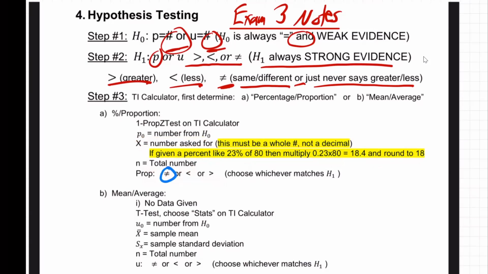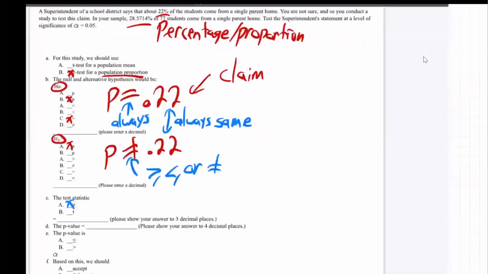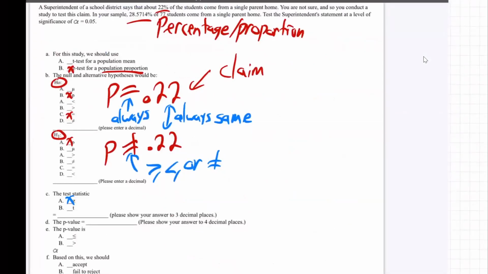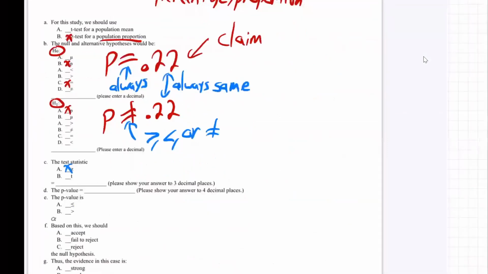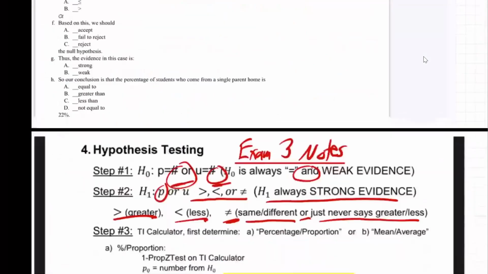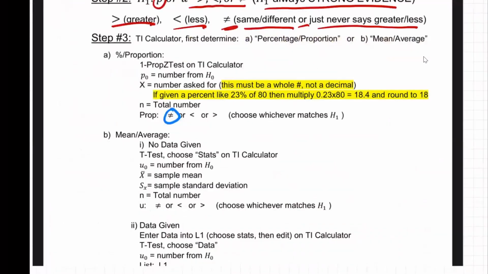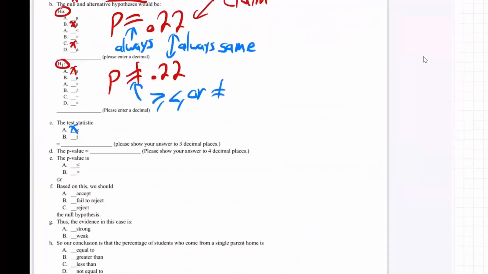N is the total. Let's fill this in before we go there. What's the total number? 77 students. That's N. You surveyed 77 students. So N is 77. And P0 is the number from H0. What's the number from H0?